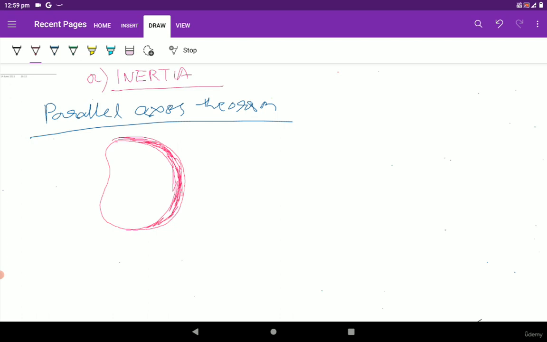So this is the center of mass, and there is another axis which is passing through the hinged part here.